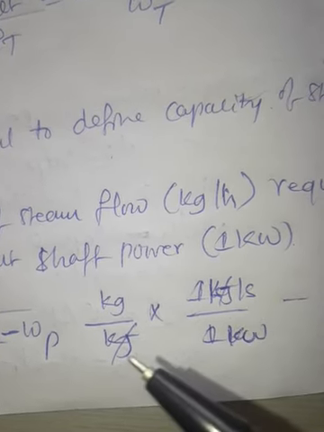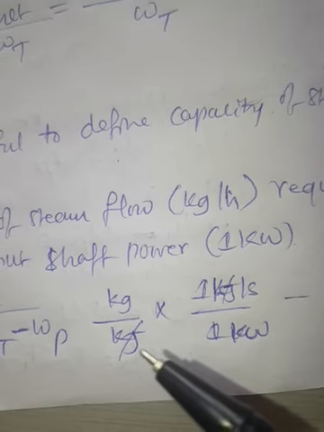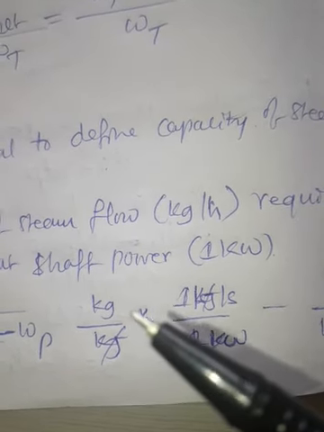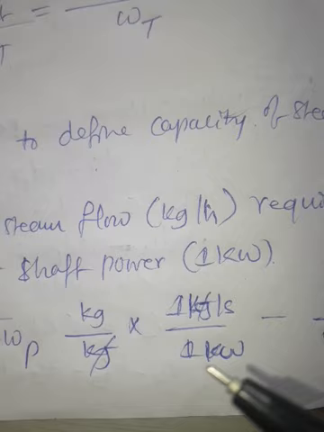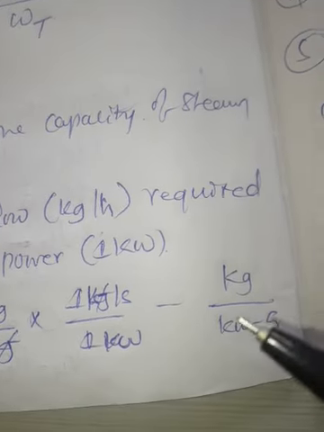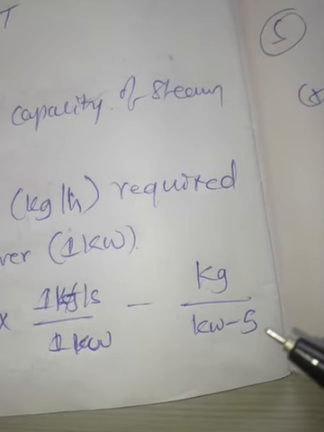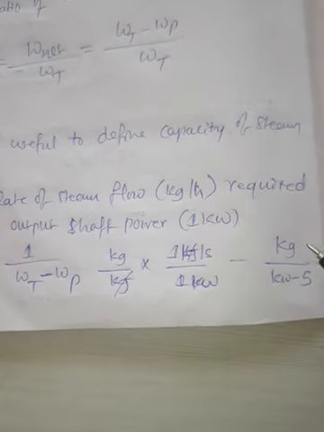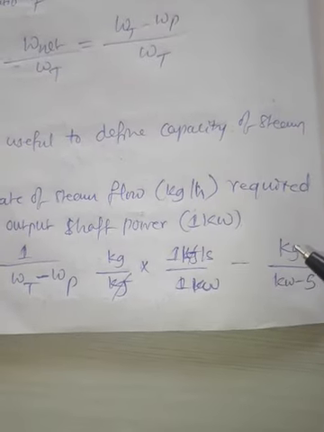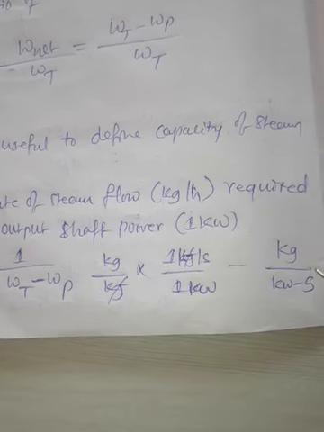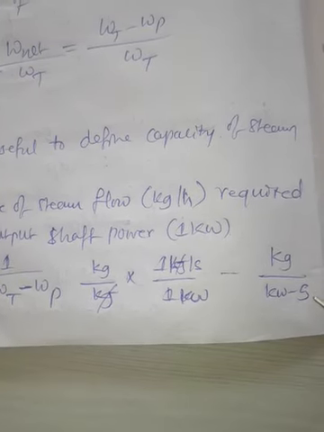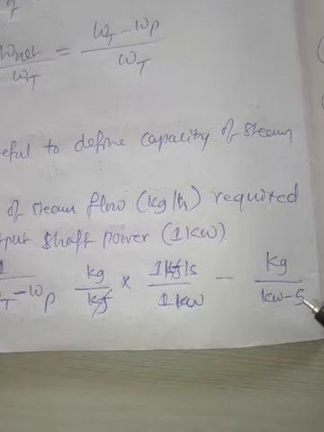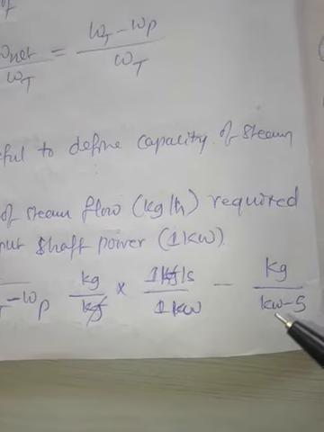So kilojoule gets cancelled. The remaining unit is kg divided by kilowatt second, that is kg per kilowatt second. So this formula indicates so many kg of steam supplied to the Rankine cycle per second to generate 1 kilowatt of power.